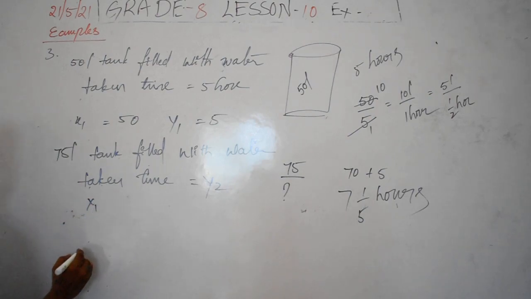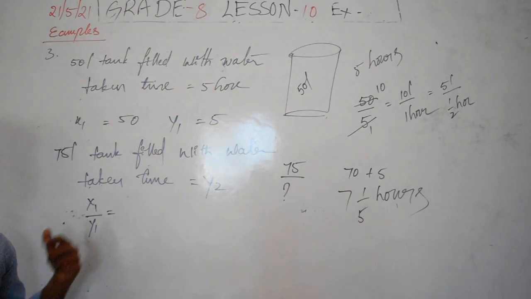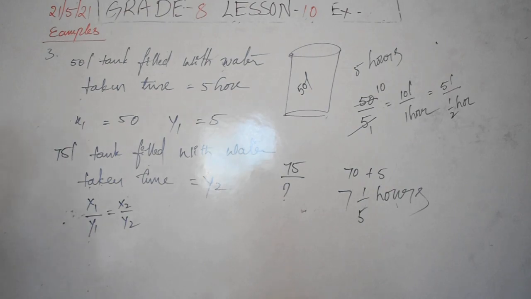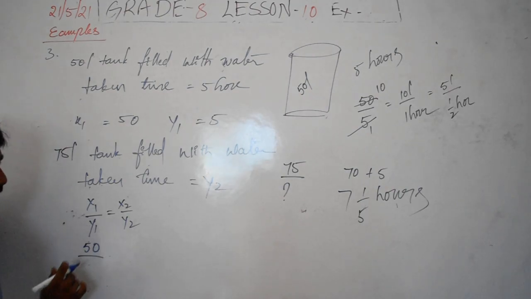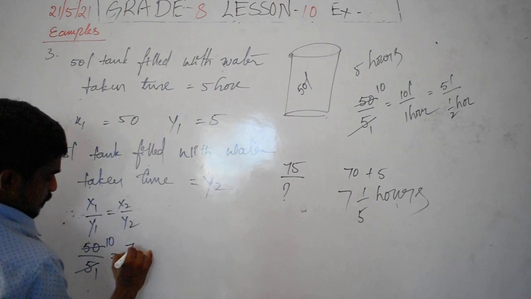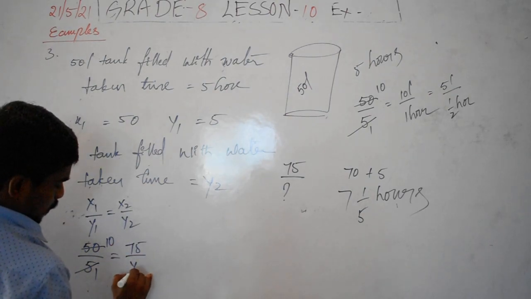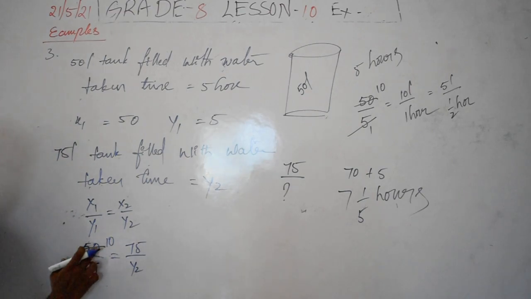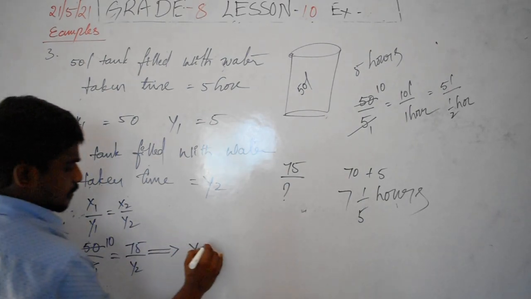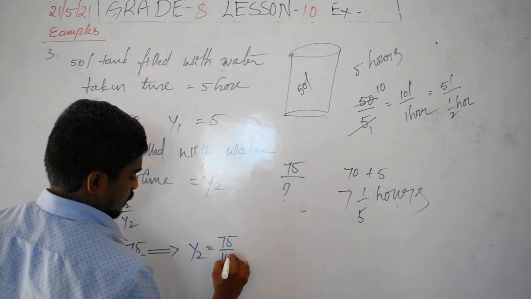So x1 by y1 equals x2 by y2, because both increase at a constant rate, that's why we keep them equal. x1 quantity 50, y1 quantity 5, 5 10s are 50. So x2 quantity is 75, y2 quantity we don't know. So y2 moving this side, 10 moving this side, 75 by 10, 7.5.